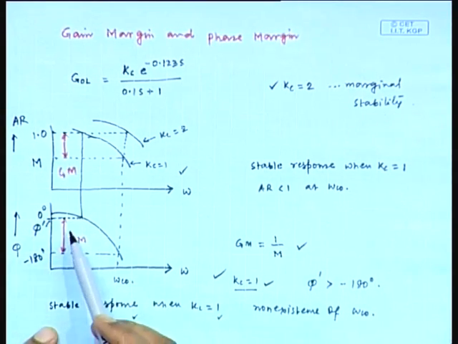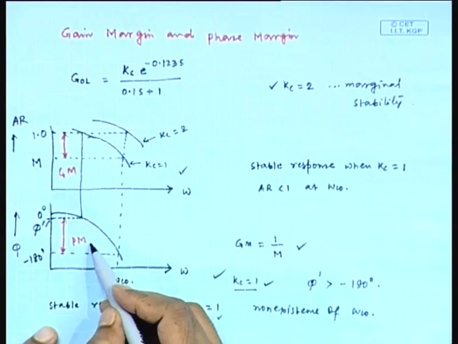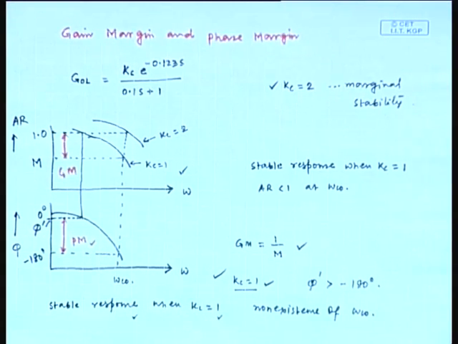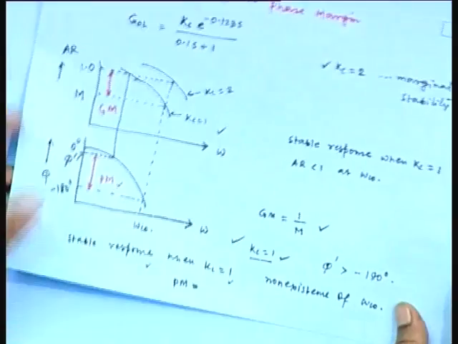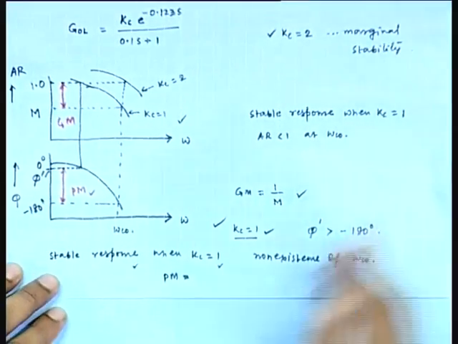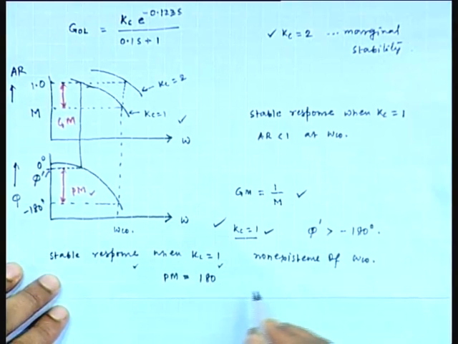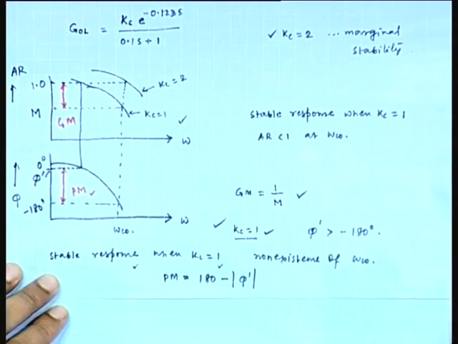You see, this phi prime is lower than minus 180, phi prime is higher than minus 180. So, similarly we can say that this phase margin is also a safety factor, and this phase margin is represented as 180 minus the absolute value of phi prime.